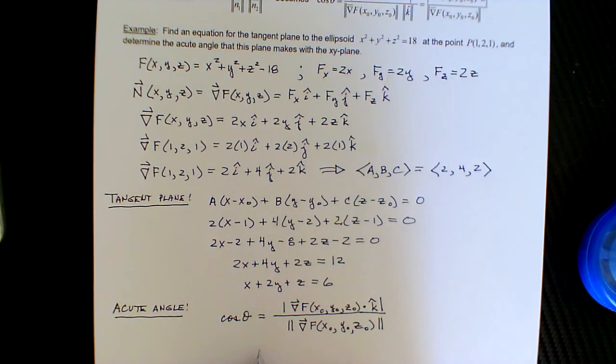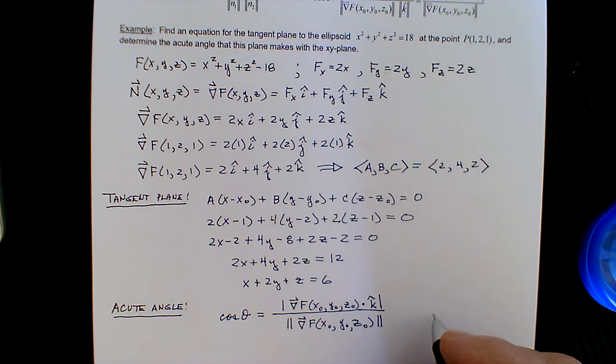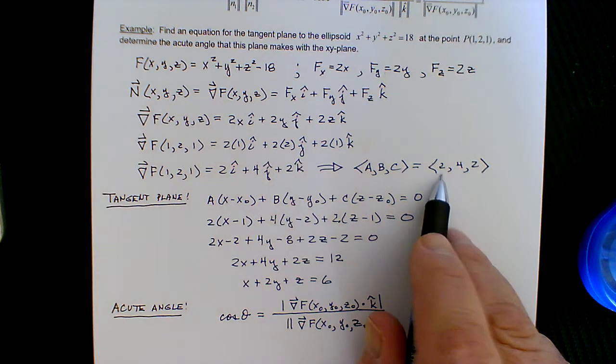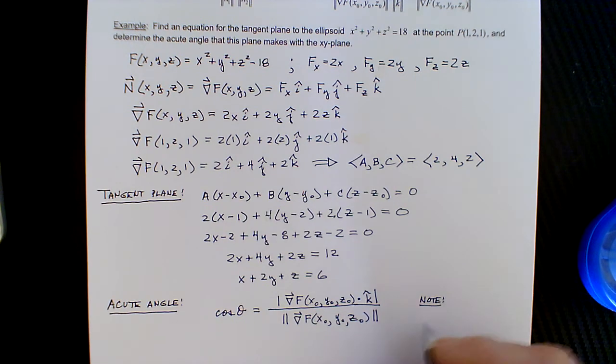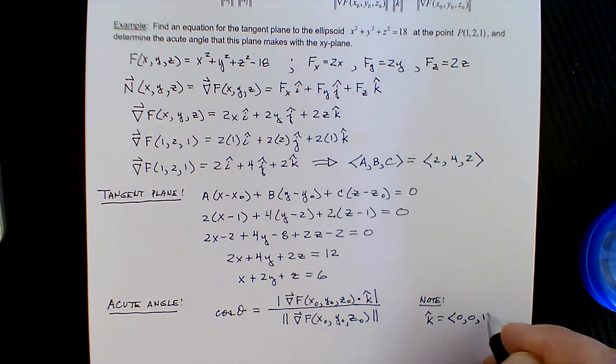And that's the magnitude. So we have the gradient is 2, 4, 2. Note that k is the unit vector, and in vector notation that would be 0, 0, 1.